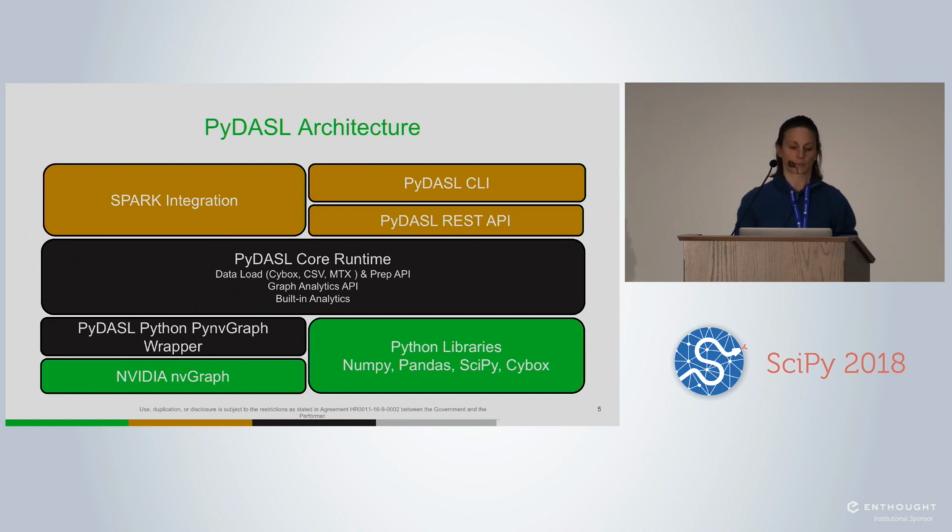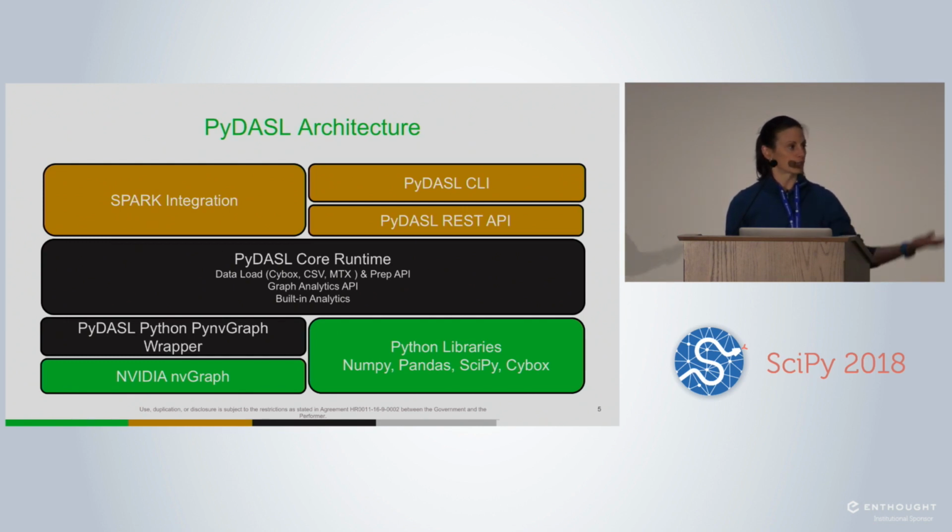And that's all C++. And so we've added a Python wrapper around that, and that's what we call the PyNVGraph wrapper. And we use that PyNVGraph wrapper and also some other Python libraries, for example, NumPy, Pandas, SciPy, and SciBox. And then that gives us the PyDASL core runtime, which has various functionality.